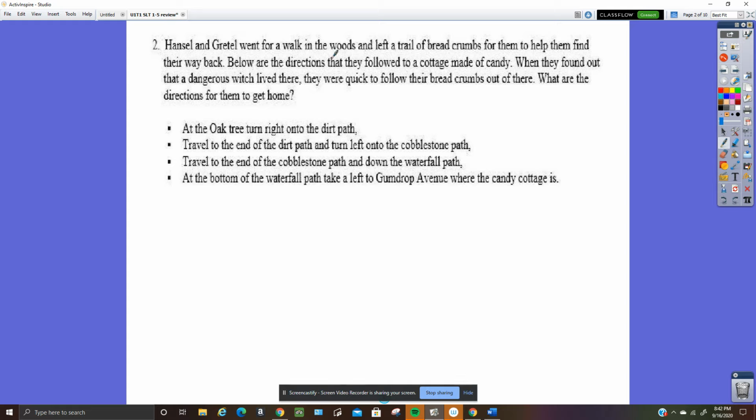So Hansel and Gretel went for a walk in the woods, left a trail of breadcrumbs to help them find their way back. Below are the directions they followed to the cottage made of candy. When they found out that a dangerous witch lived there, they were quick to follow their breadcrumbs out of there. What are the directions for them to go home?